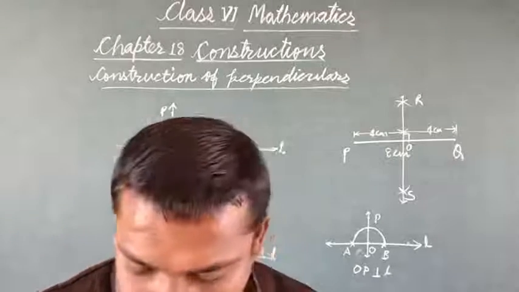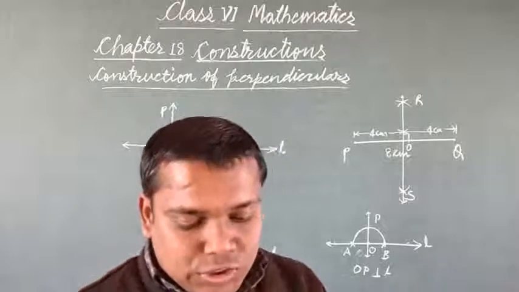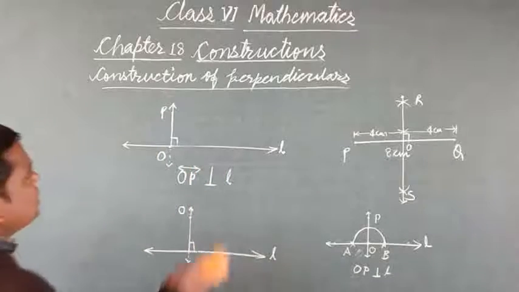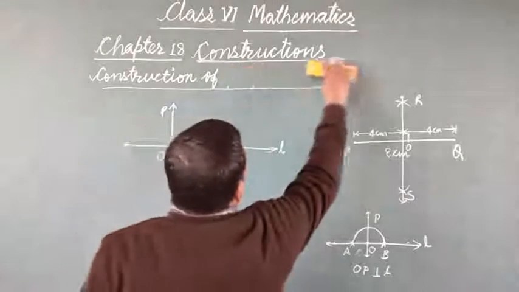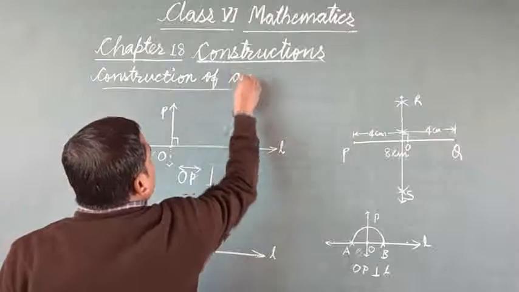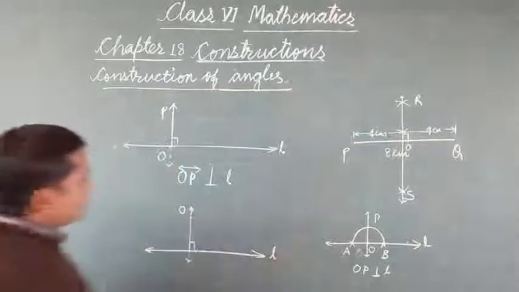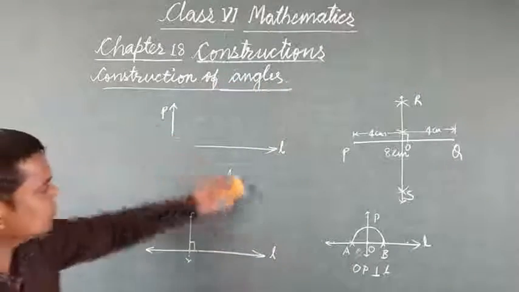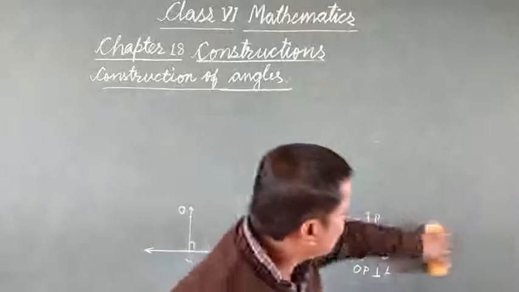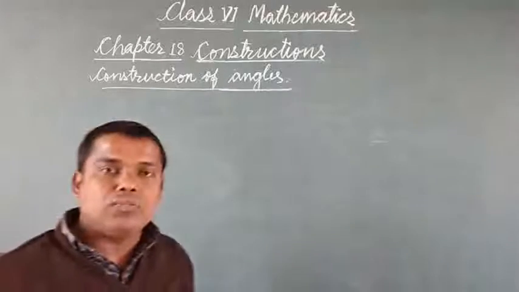The next topic is construction of angles using a protractor. So here we are going to learn construction of angles. I am going to read it. For each type of construction, there are steps written in your book.